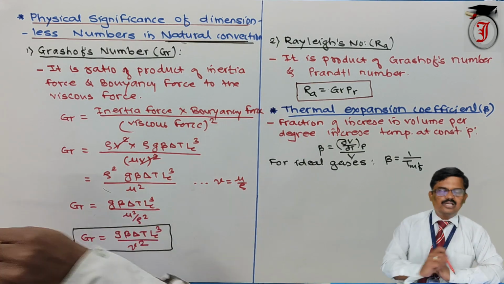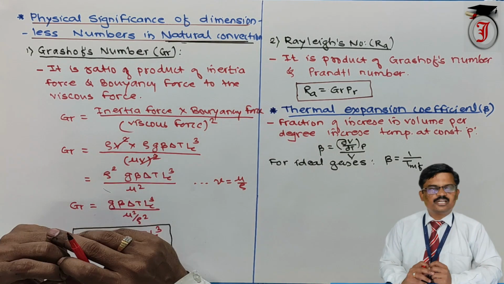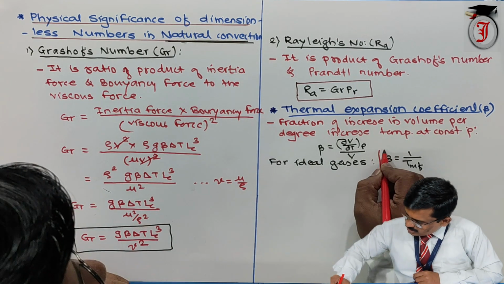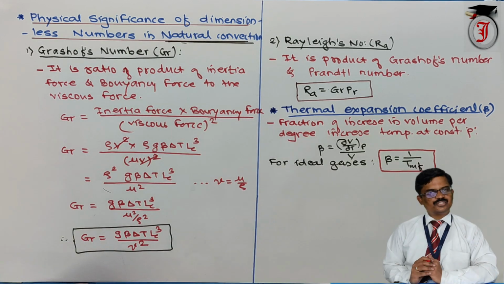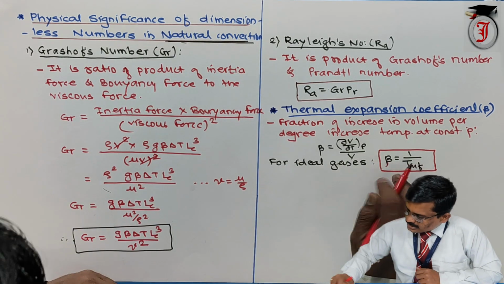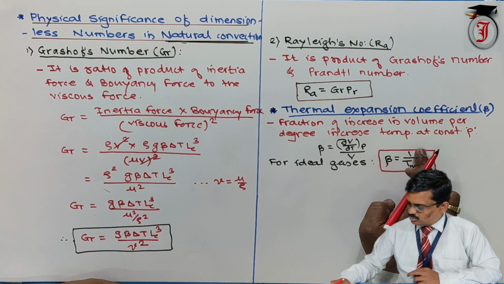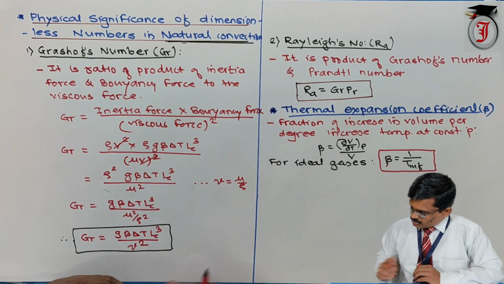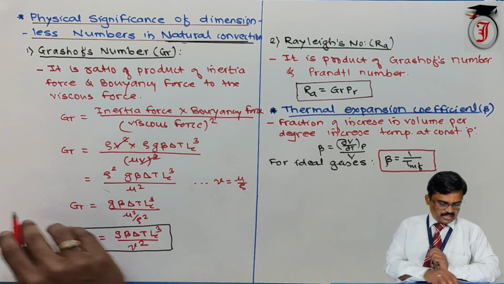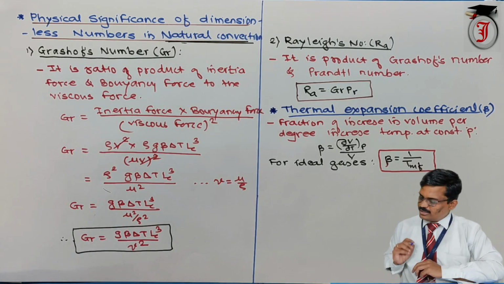So while solving numericals on natural convection, we have to consider all gases as ideal gases, and for that we have thermal expansion coefficient equal to 1 upon TMF, 1 upon mean fluid temperature. So the next term is this mean fluid temperature.